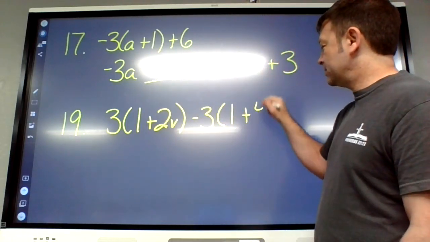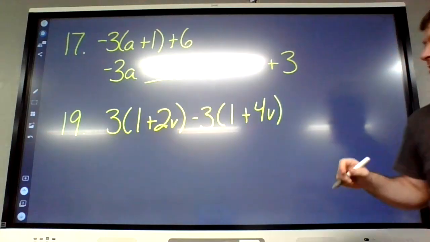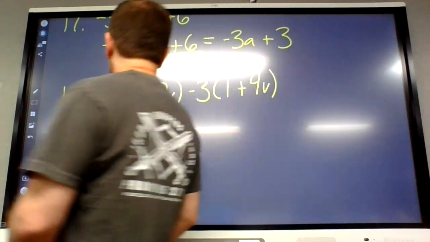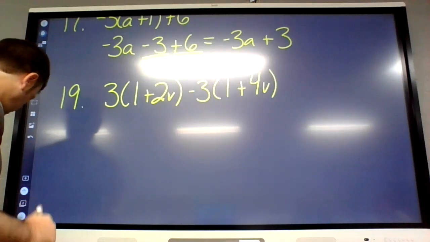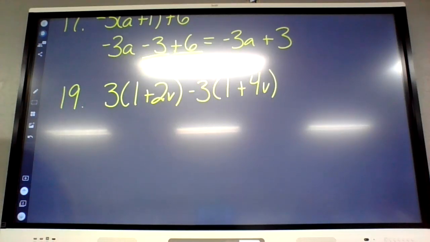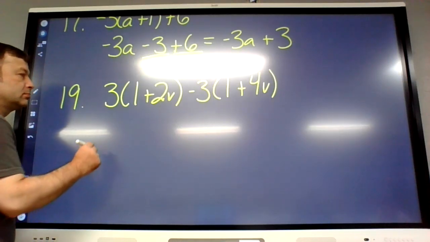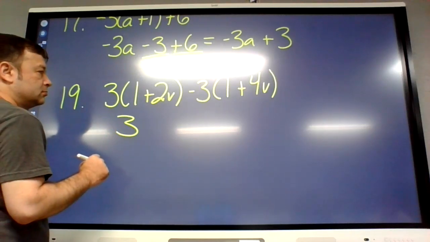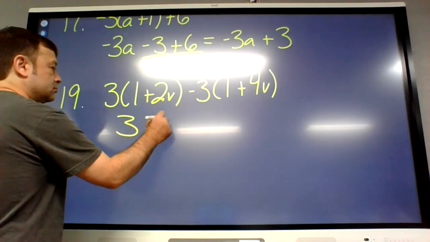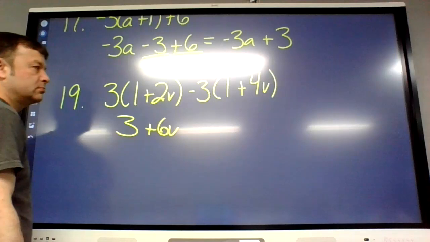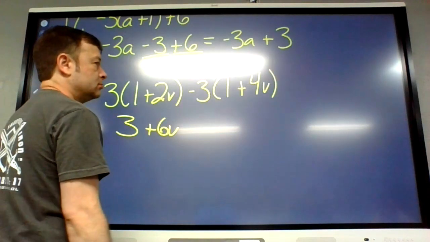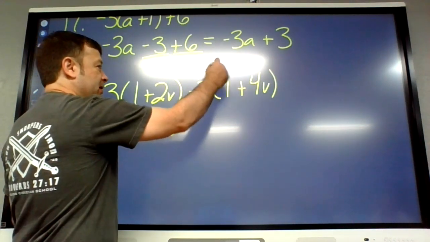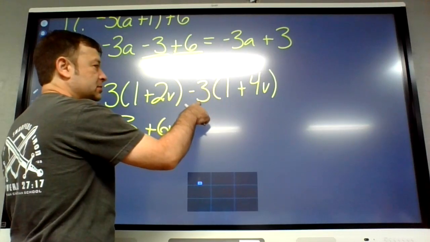All right. Shelby, you got a big one. Would you do 3 times 1, then that'll be 3, and then you do 3 times 2, that'll be 6. And then kind of the same thing over here, but this time it's a negative 3.